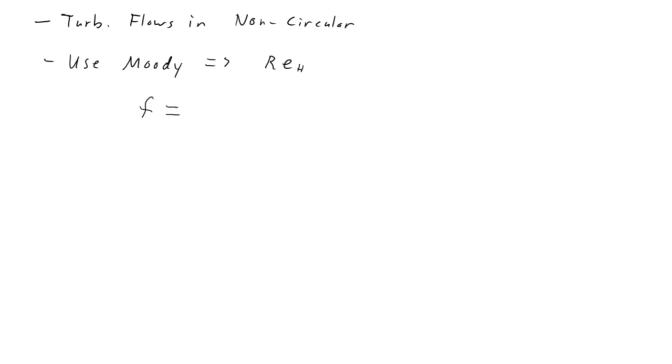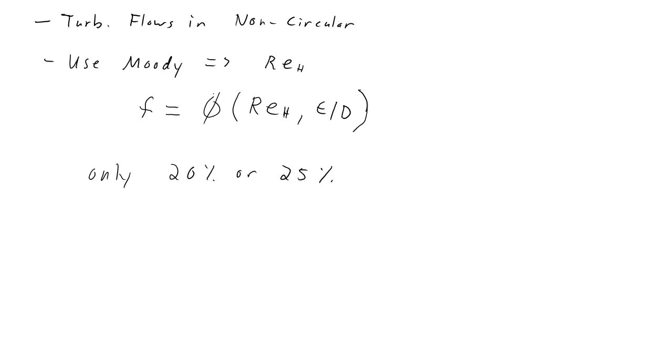So you can still use the Moody diagram to get your friction factor as a function of your hydraulic Reynolds number, and then of course the relative roughness. Now this is rather a crude approach. It's only accurate to maybe 20% or 25%. But if you don't have any other information to go on, it's not too bad.